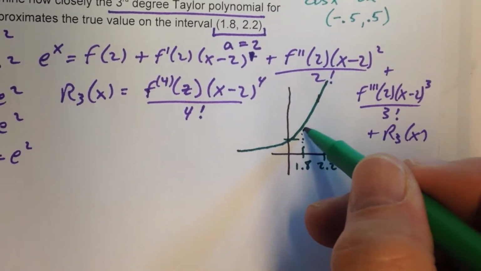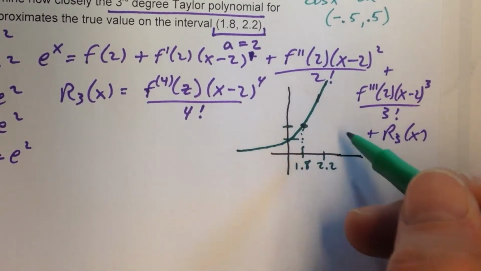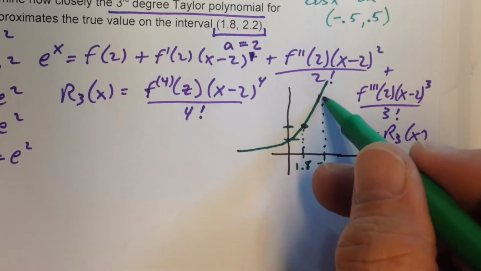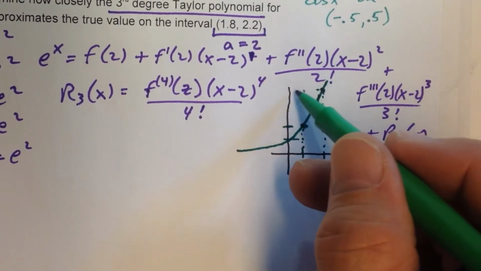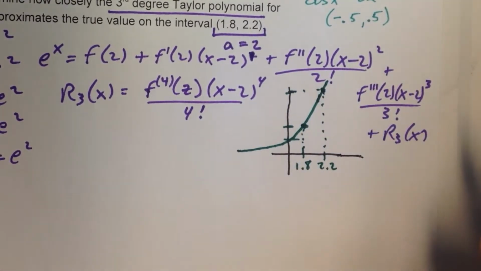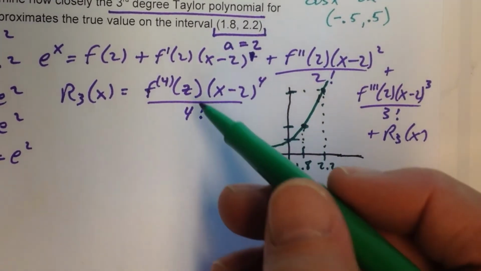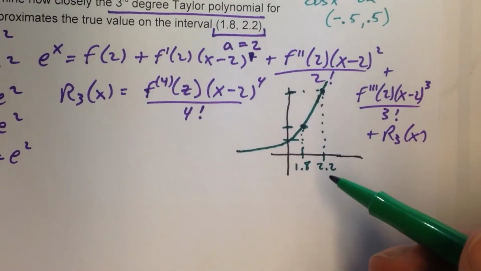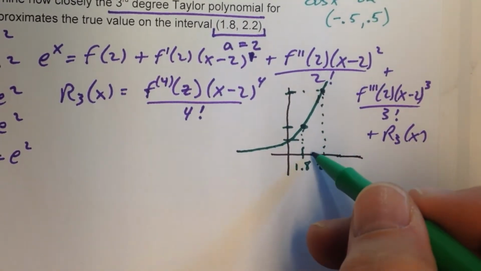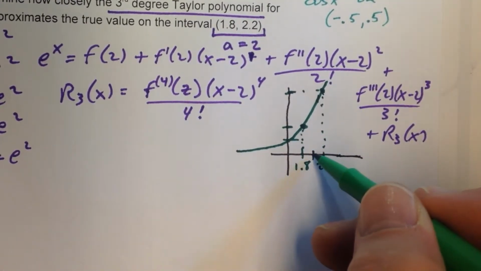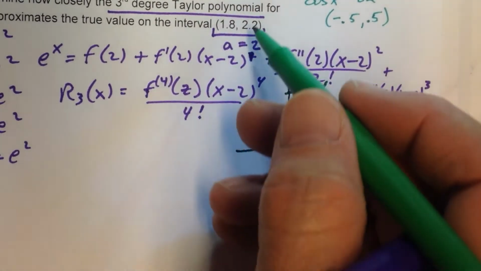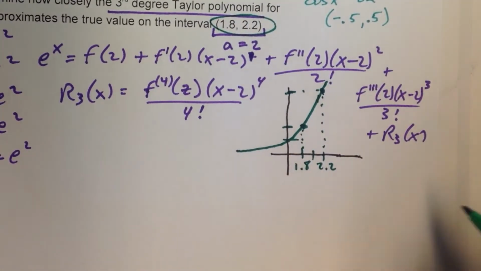e to the 1.8 is going to be right down here. e to the 2.2 is going to be way up here because e to the x is increasing. So we have a great upper bound for the fourth derivative of e to the x at some value between 1.8 and 2.2.